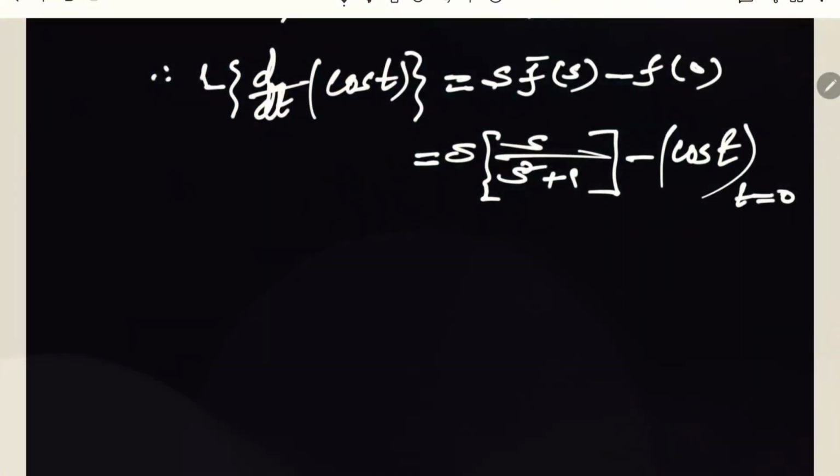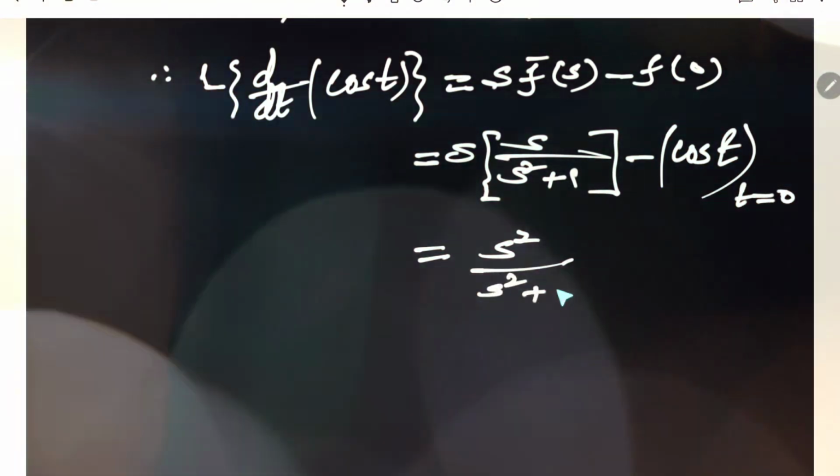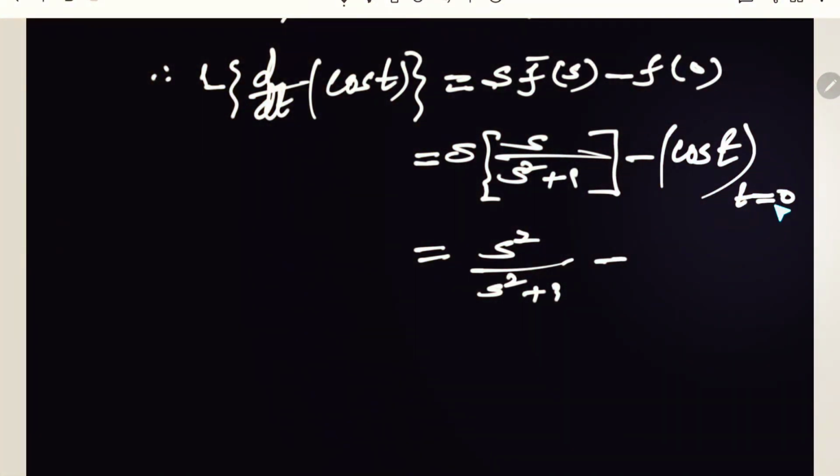Cos 0 is 1, and therefore we get s into s, s square, divided by s square plus 1 and minus 1.